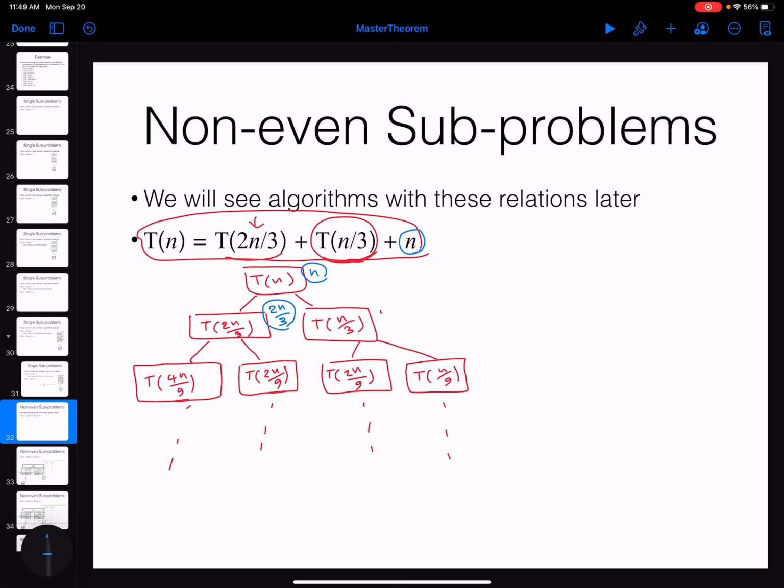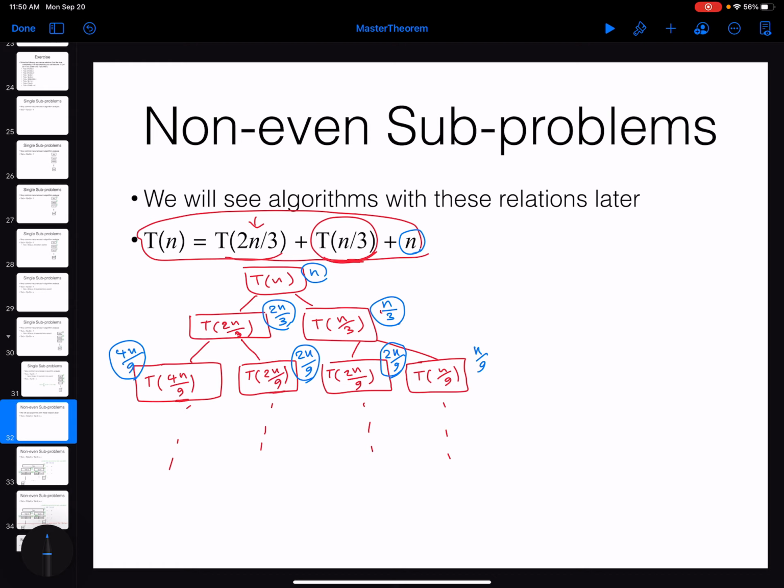Again, the size here is n divided by 3, so there is an additional cost here. The costs of these boxes are going to be 4n divided by 9, 2n divided by 9, 2n divided by 9, and n divided by 9.